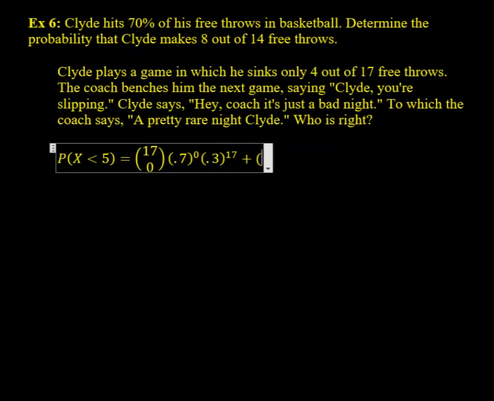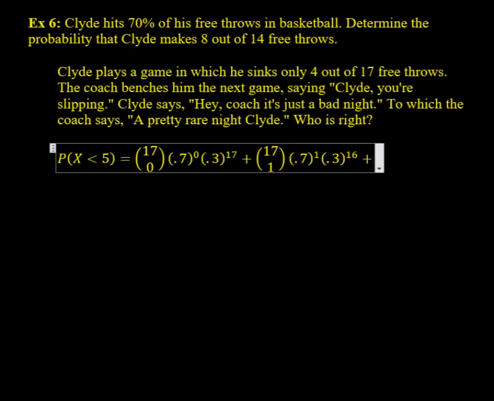Plus 17 choose 1 times 0.7 to the first times 0.3 to the 16th, because in this case we make one shot, miss 16 others.